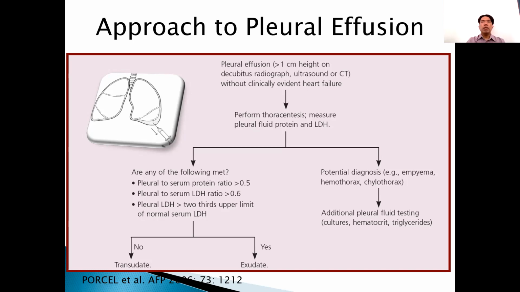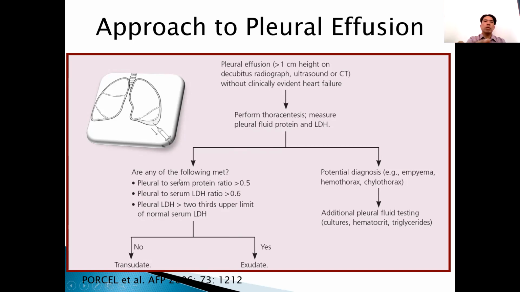So as we see, this fluid is aspirated, as we saw in the video, and is submitted for pleural fluid protein and LDH. You have your Light's criteria to determine if this is a transudate or an exudate. We get the value for the pleural protein and pleural LDH, and we also get simultaneous serum.